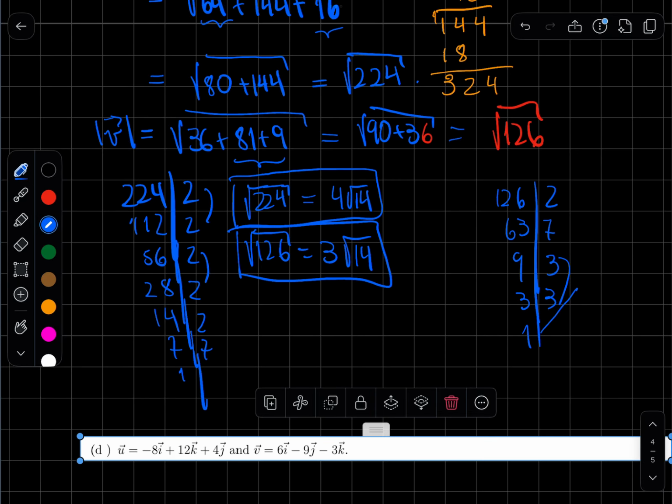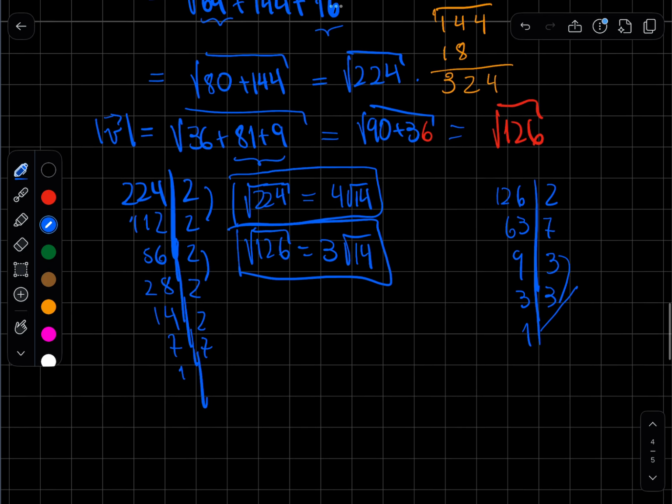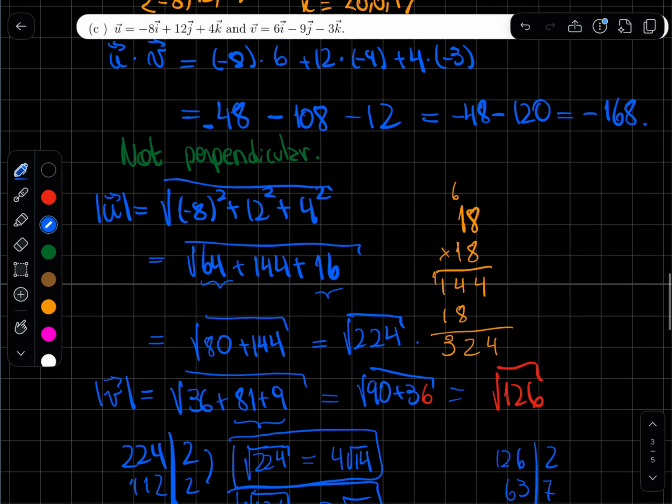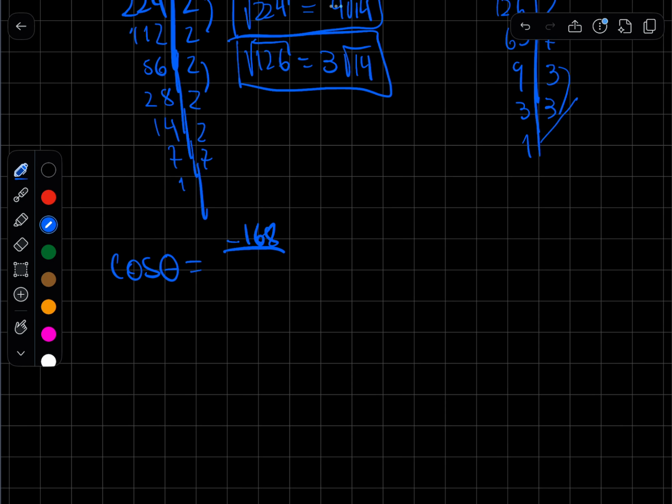And I can kind of see why I was breathing heavily, because I didn't want to really do the problem this way. So that means the cosine of the angle is going to be, if you go back, negative 168 over 4 root 14 times 3 root 14, which is negative 168 over, so 3 times 4 is 12, times root 14 times root 14 is 14, and 14 times 12 should be 168.